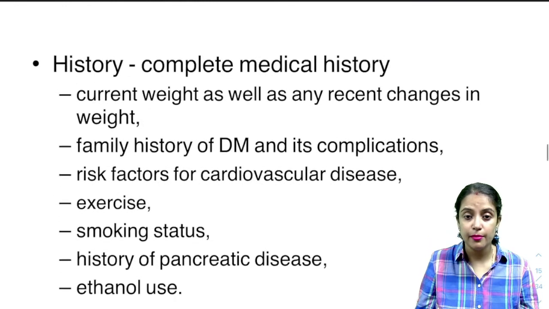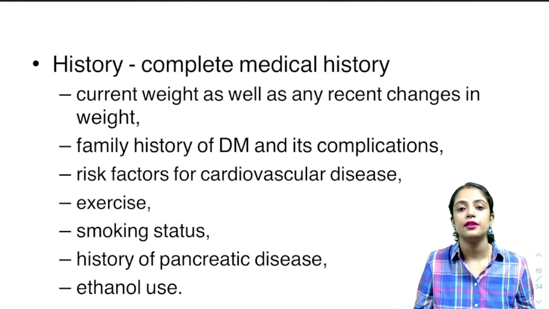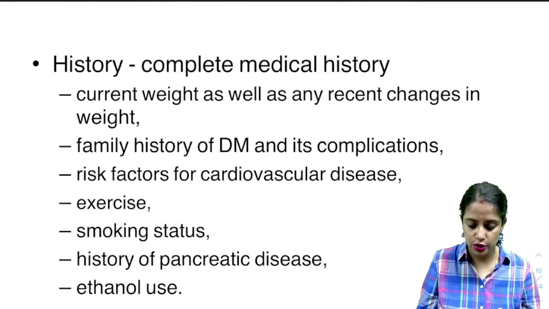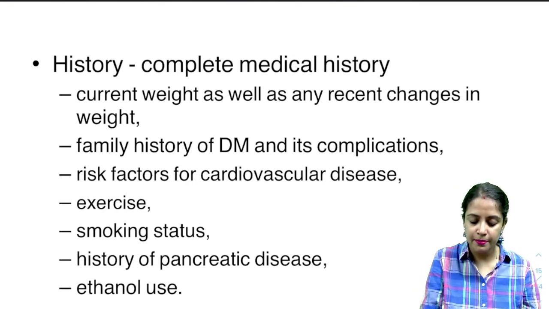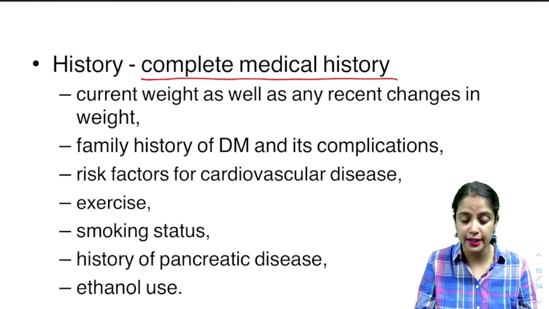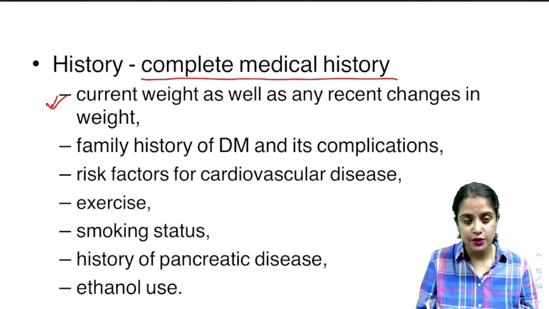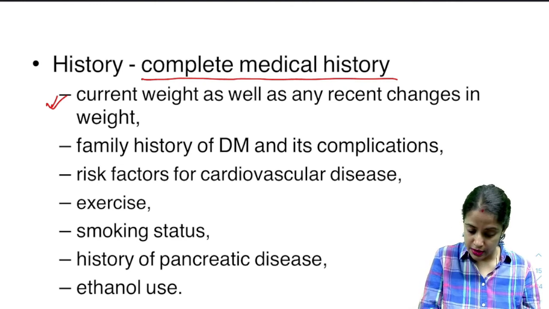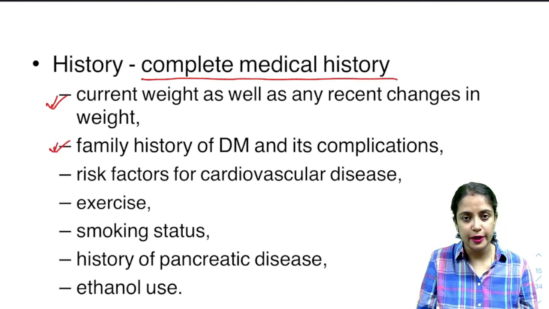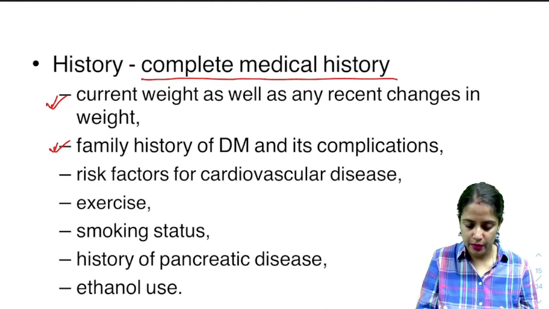Lastly, a little bit about history. When we take history, there are certain points which we should remember. A complete medical history should be taken. Current weight as well as any recent changes in weight should be noted. Family history of diabetes and its complications should be asked about.